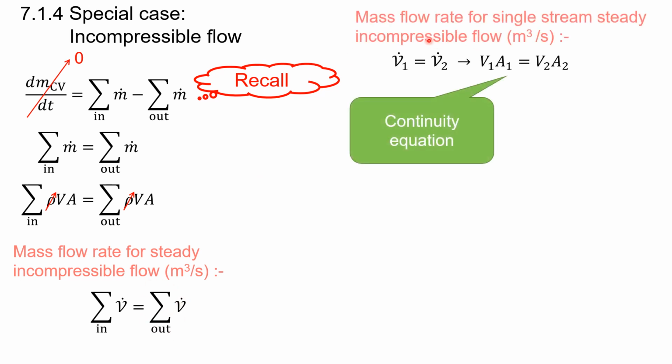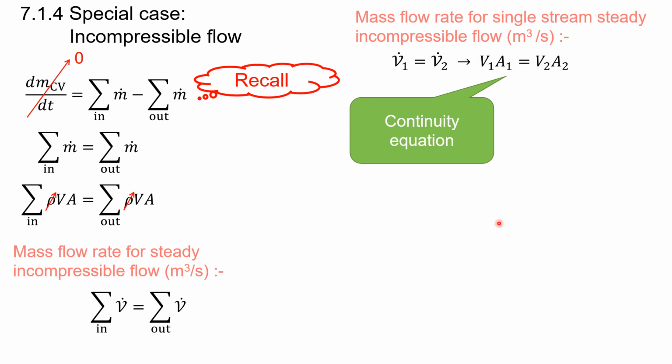Okay, so mass flow rate for single stream. There's a mistake here. It's not mass, it's volume flow rate for single stream steady incompressible flow. So V1 dot equals V2 dot, so you can have it like V1 A1 equals V2 A2.